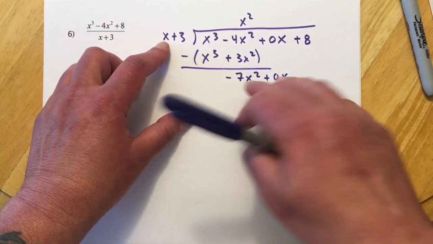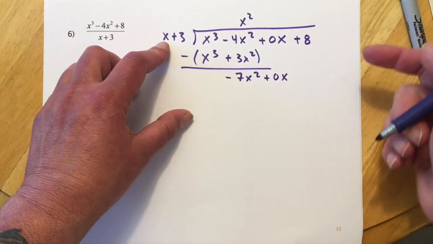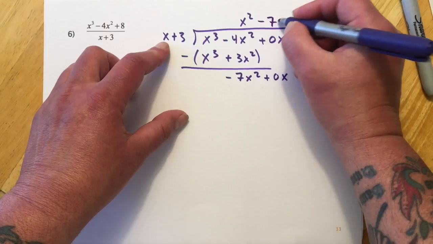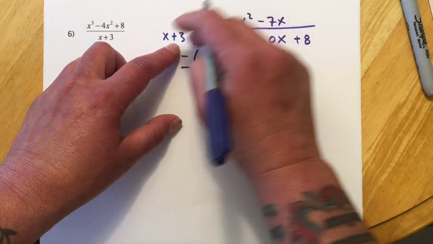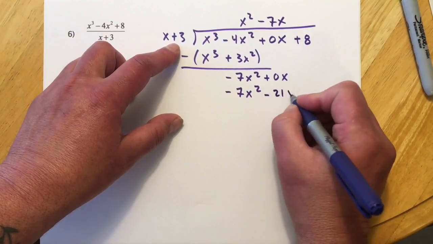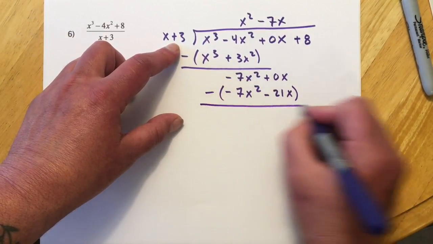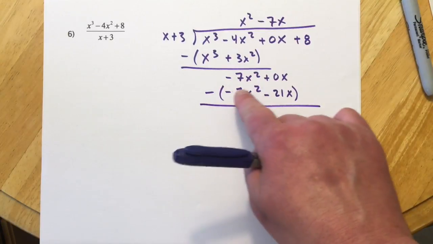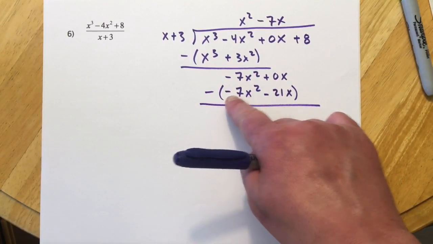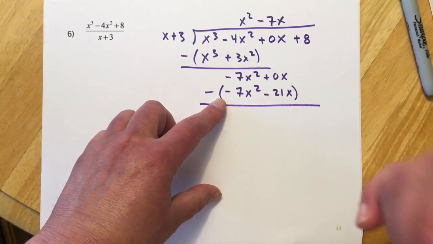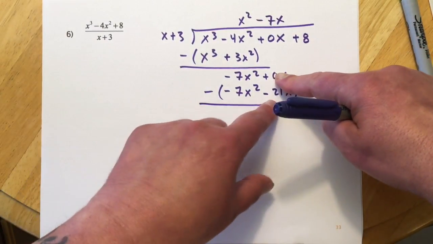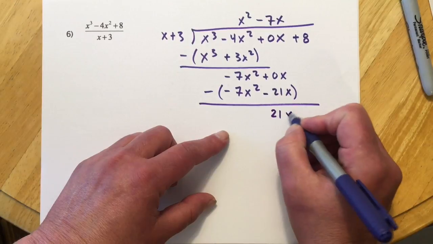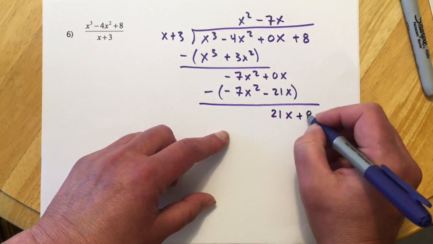What I multiply x by to get negative 7x squared, so that'd be negative 7x. And so then minus negative, negative, so it's minus plus 7, so that cancels. And here's 0 minus a negative 21 would be 0 plus 21. So that's 21x and then plus 8.